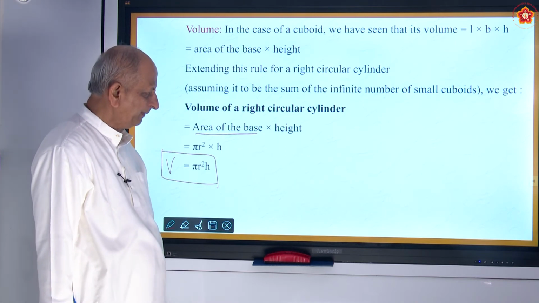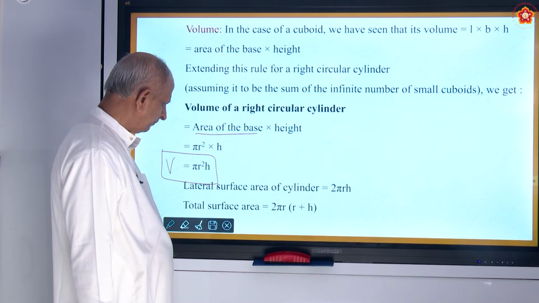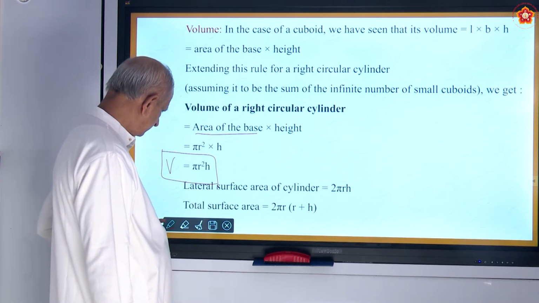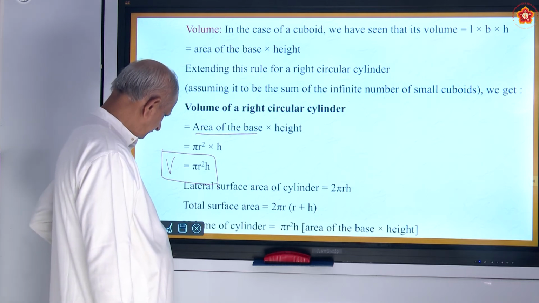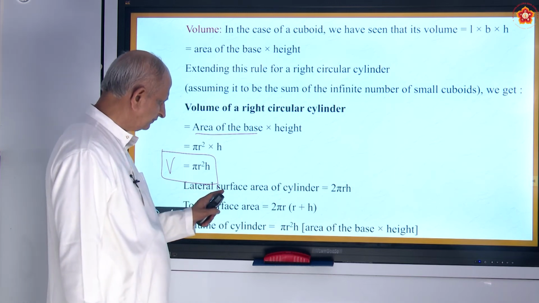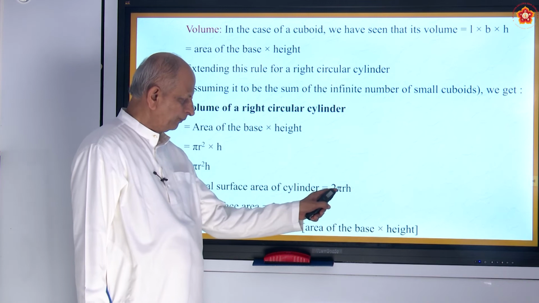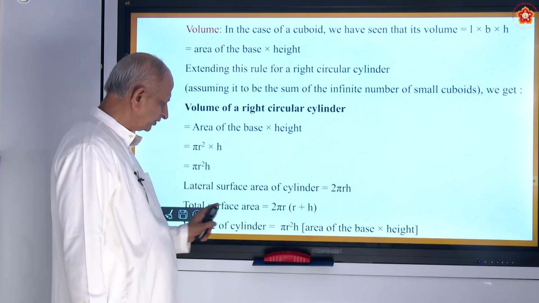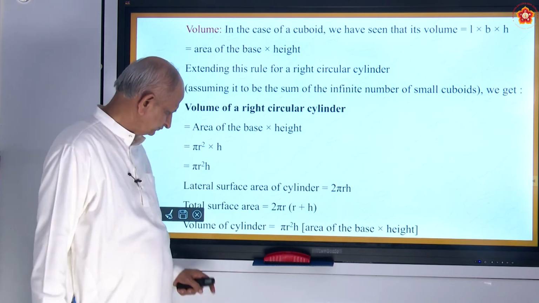Shall we work out some problems? Okay, so all the three formulas we will write in one stretch. Here lateral surface area of a cylinder is 2 pi r h. Total surface area is 2 pi r into r plus h. Ten times you must revise.